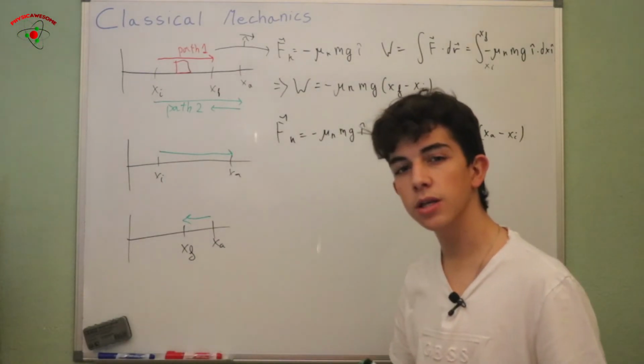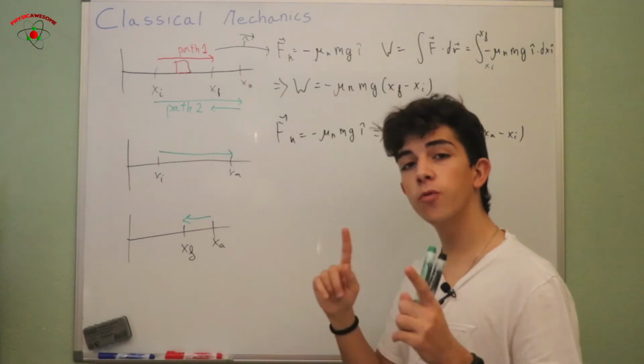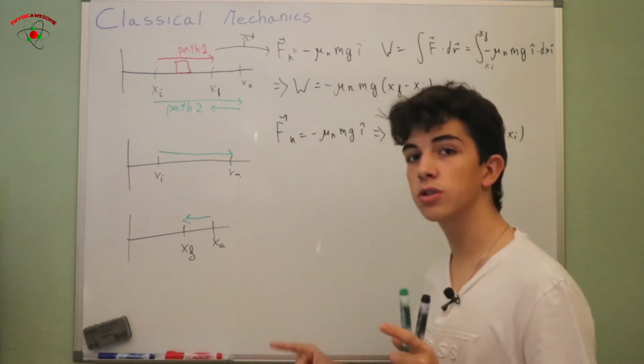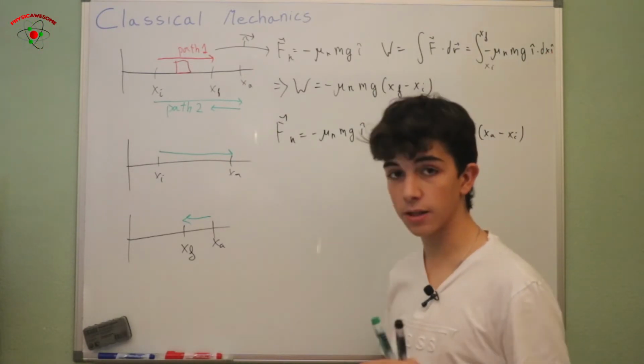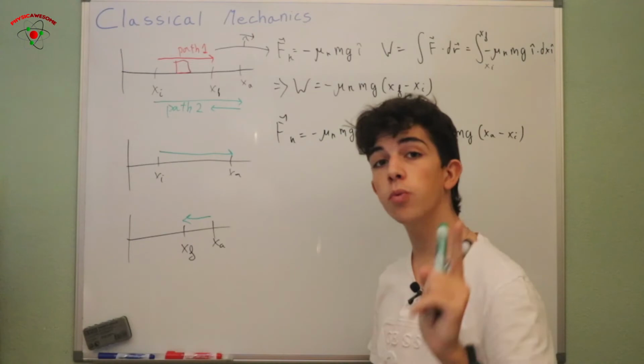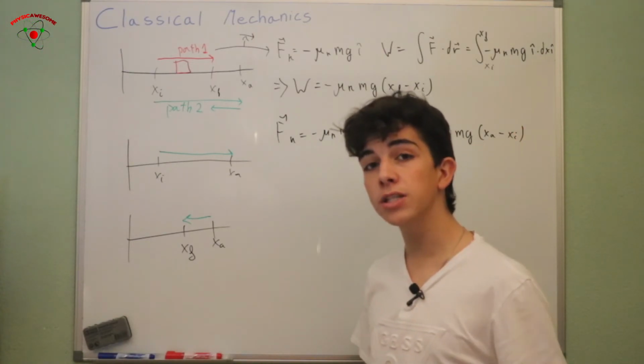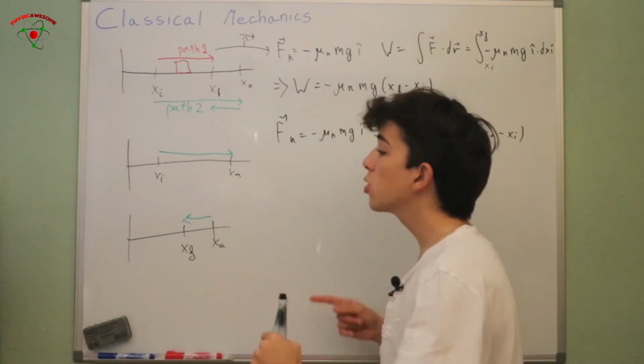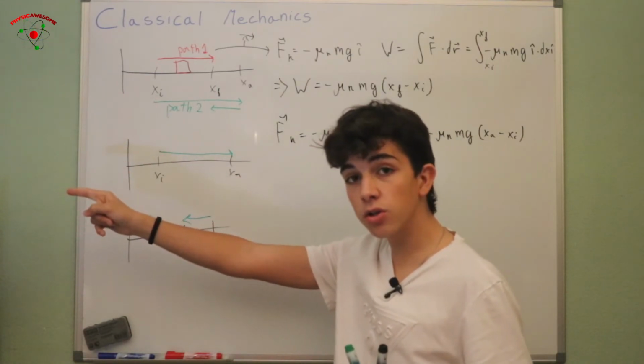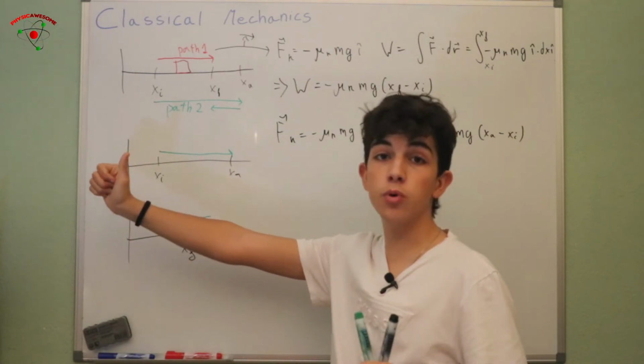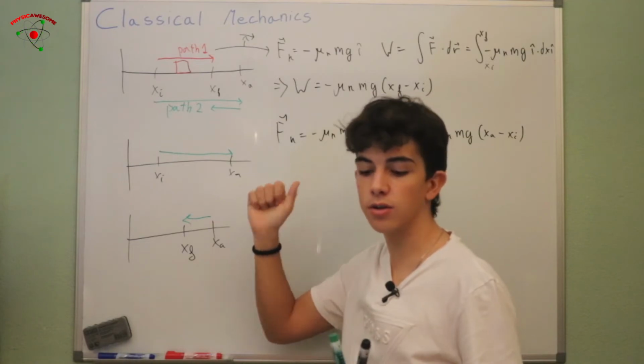And now, when we are going from xa to xf, in this direction, things are going to change a little bit, because remember, friction is a force, as we saw in part 6 of classical mechanics, that always points opposite to the direction of motion. Therefore, when we are moving in that direction, friction is going to point in this direction.